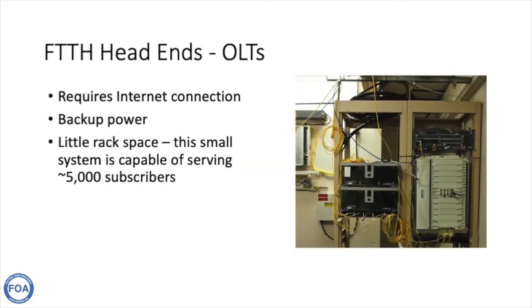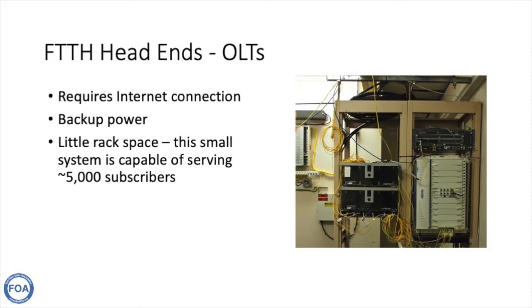The head end or central office equipment for fiber to the home is not much different than a telco system that we've all been familiar with for many years. Here is a system, for example, for a passive optical network serving about 5,000 subscribers. On the right is the optical line terminal with ports going out on the outside plant cable.